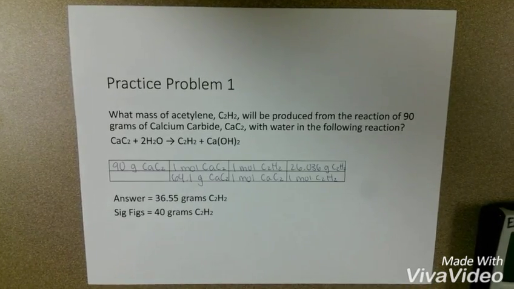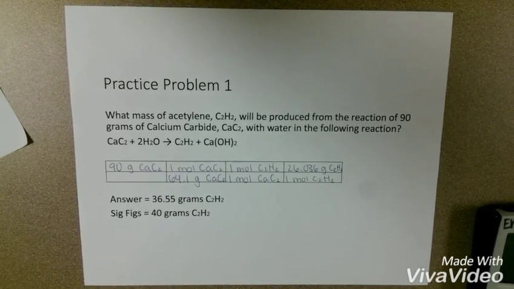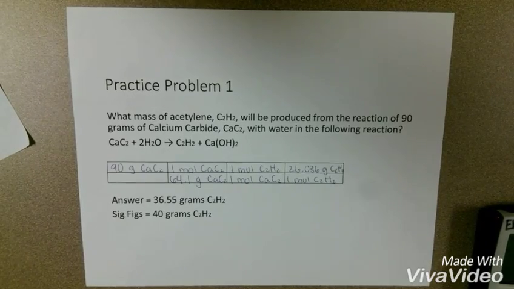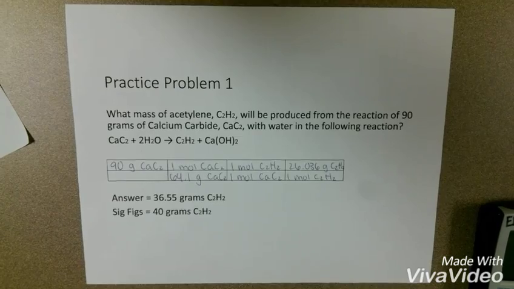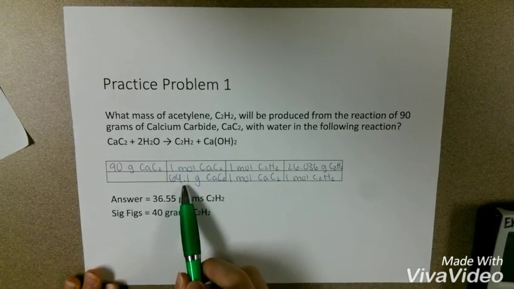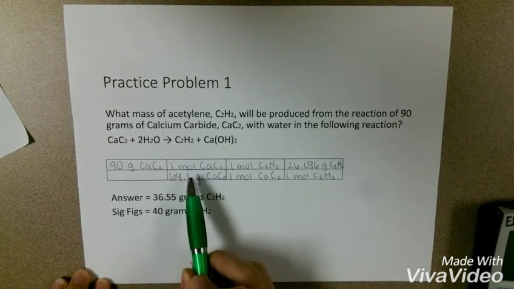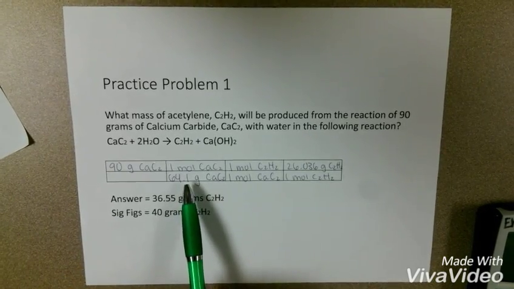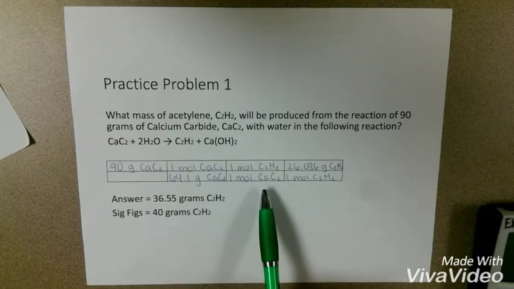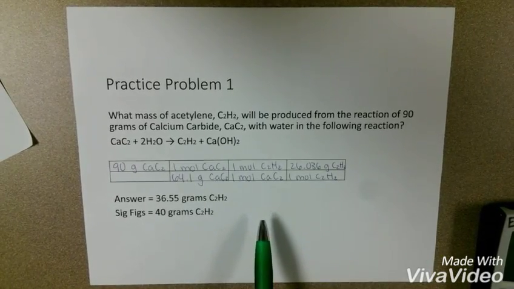Okay, so we start with 90 grams of CaC2, which is what the problem tells us, and we need to go to moles of CaC2. So we use our molar mass from the periodic table, which is 64.1 grams, and we put 1 mole of CaC2 on the top. Now that we're in moles of CaC2, we need to use molar ratio to get to moles of C2H2.